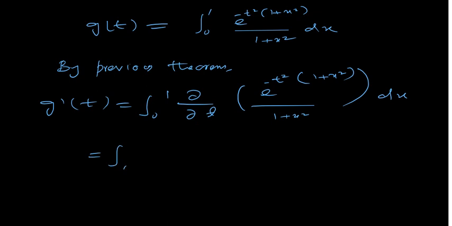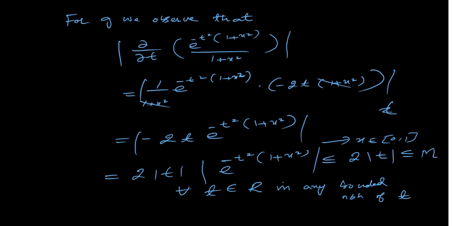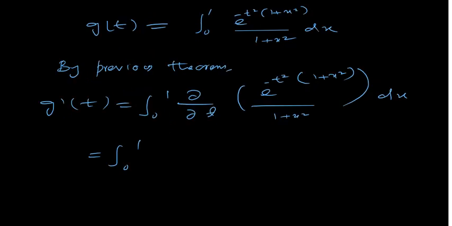What's the partial derivative of this function that we have seen already? We go to the previous page, this partial derivative is equal to minus twice t e power minus t square times 1 plus x square, then dx.